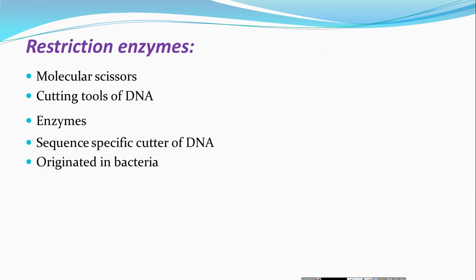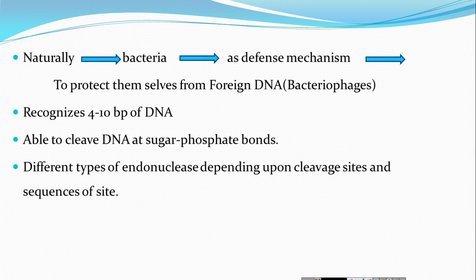These restriction enzymes originate naturally within bacteria. They are present in bacteria as a defense mechanism, specifically to protect themselves from foreign DNA like bacteriophages. Bacteriophages are viruses which infect bacteria. These restriction enzymes evolved in bacteria in order to cut foreign DNA, and these enzymes are used for biotechnological purposes also.